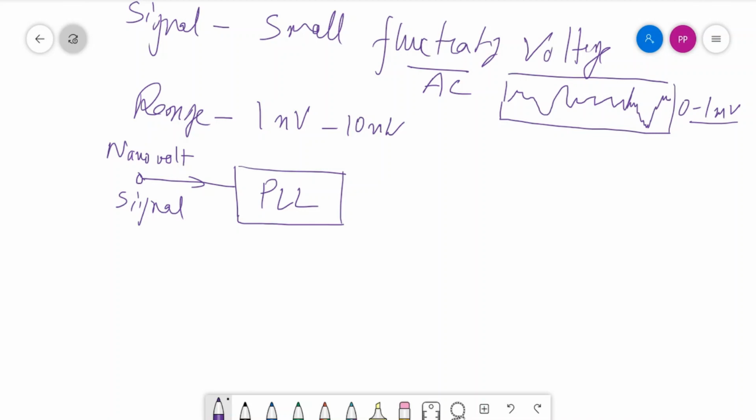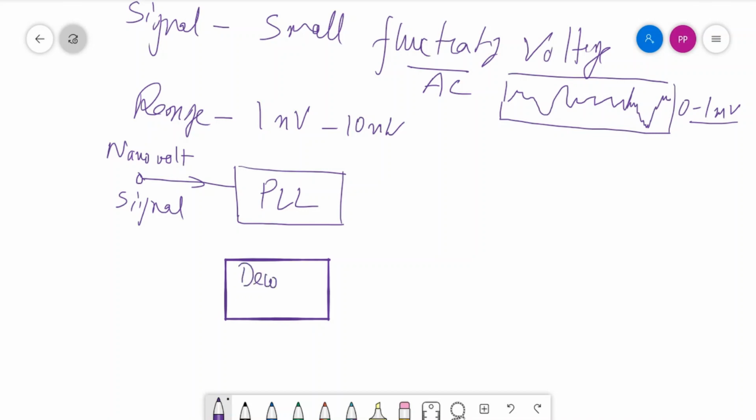Then we use a quartz crystal to generate a 1 megahertz frequency output, which is sent to a decoding counter or a combination of decoding counters.